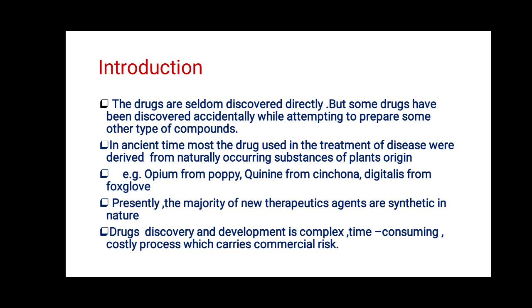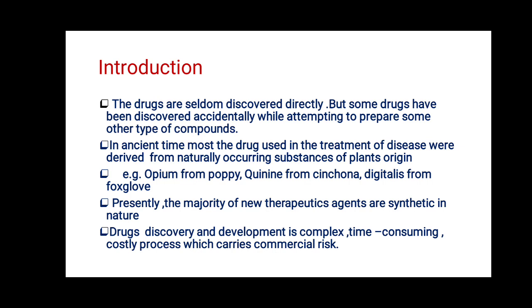In ancient times, most of the drugs used in the treatment of disease were derived from naturally occurring substances of plant origin. For example, opium from poppy, quinine from Cinchona and digitalis from foxglove.